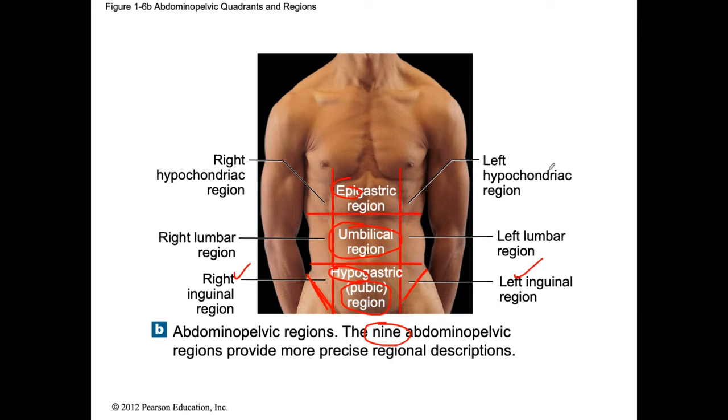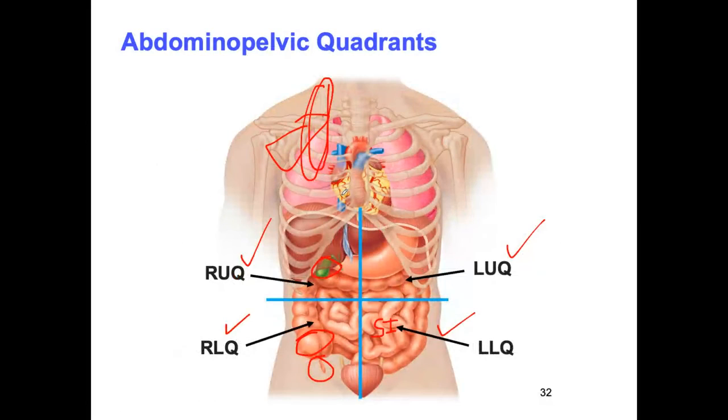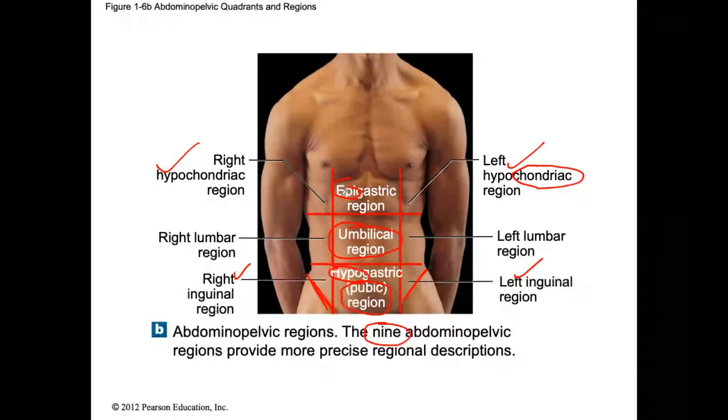And then near the ribs, chondria is for cartilage, like rib cartilage. So there's a left hypochondriac under the rib cage on the left side, and then a right hypochondriac under the ribs on the right side. So please be familiar with both the regions and the quadrants.